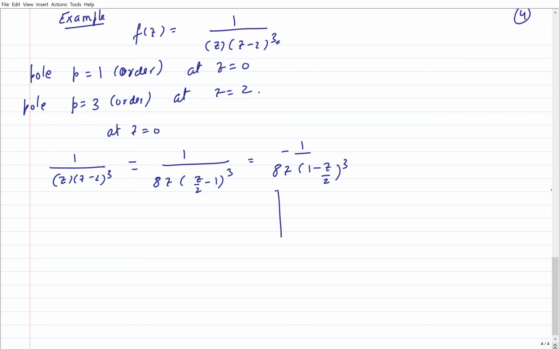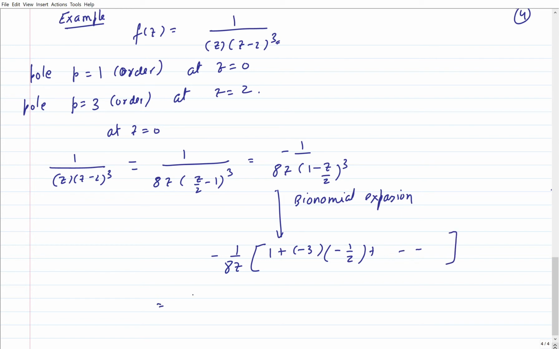And now I expand the denominator using a binomial expansion, and I get 1 over 8z times (1 plus 3 z by 2, and so on and so forth). That's going to give me minus 1 over 8z minus 3 by 16 plus 3 by 16 z, and so on and so forth.